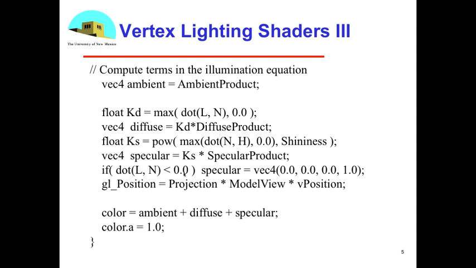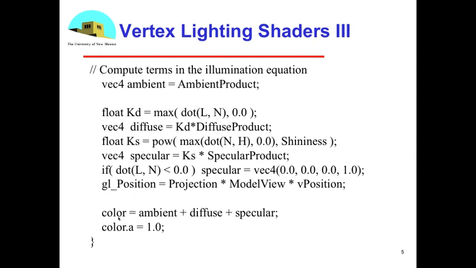Again, I want to check whether the surface is pointing towards me, not away from me. And if that turns out to be negative, this same dot product, I just set that specular component to 0. I compute the position in clip coordinates as usual as the product of the projection matrix, the model view matrix, times the incoming position. Output that as gl_Position.